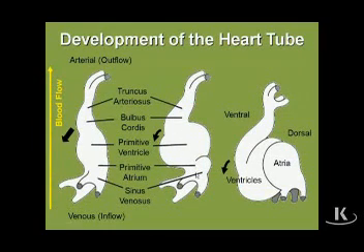A way that these chambers can get larger is by incorporating the nearby blood vessels into themselves. In other words, if this atrium wants to get larger, if it takes some of this sinus venosus that's right next door and incorporates it into itself, then the atrium will be larger and the sinus venosus will become part of that atrium. So that's what's happening here.